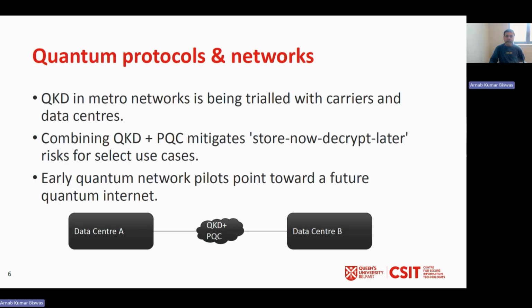There is a trial already going on in London. At least two trials are there between different data centers, and British Telecom and other companies are doing that. We can also have a combination of PQC with QKD, which will make sure that we have a quantum network, and in future we can go for a quantum internet.